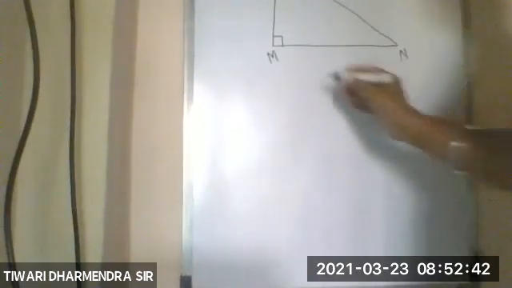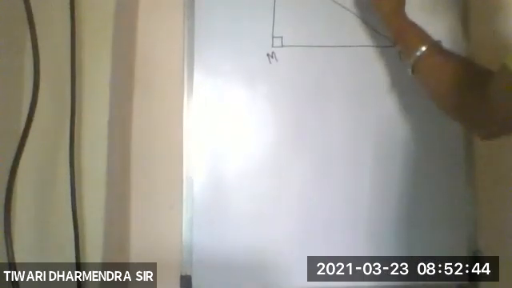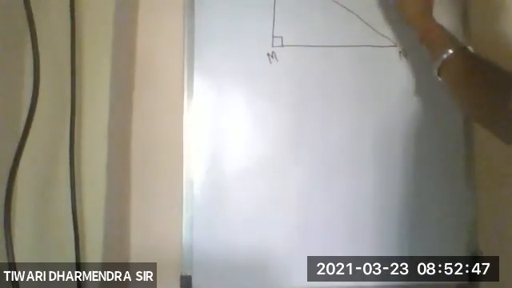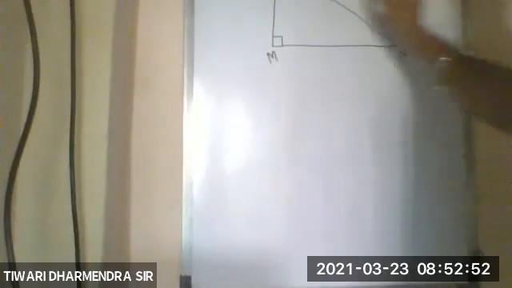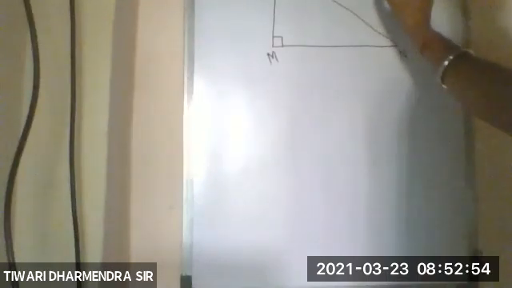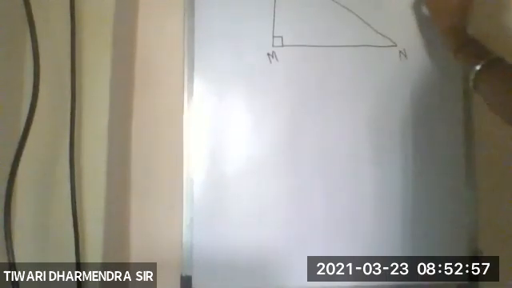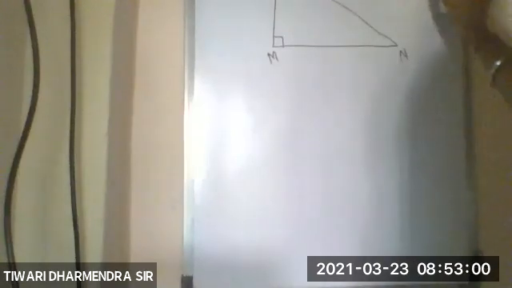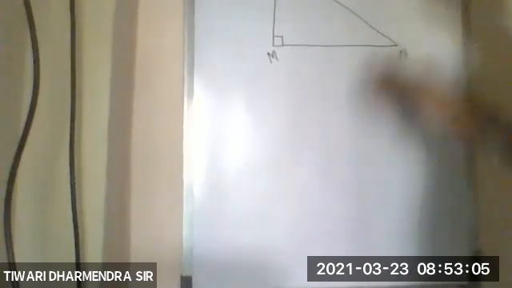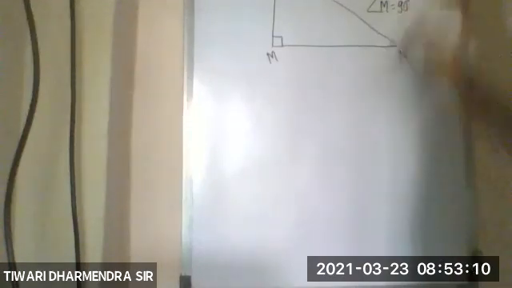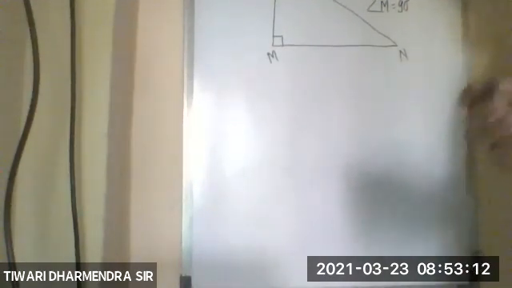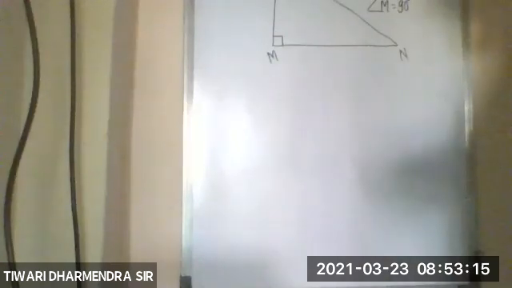So here triangle PMN is a right angled triangle with the condition of angle M as 90-degree. As we already know, if in a triangle any angle is 90-degree, then that triangle is said to be a right angle triangle.